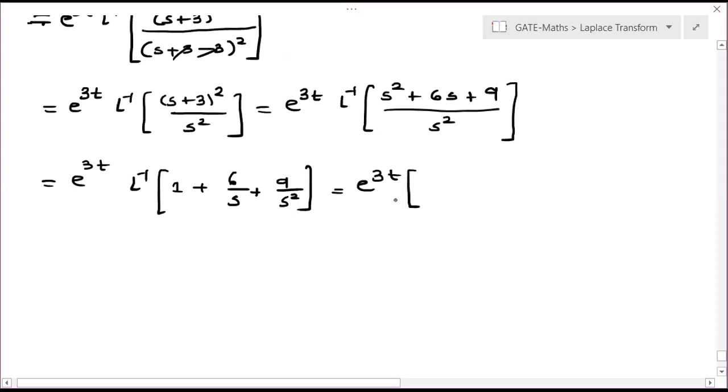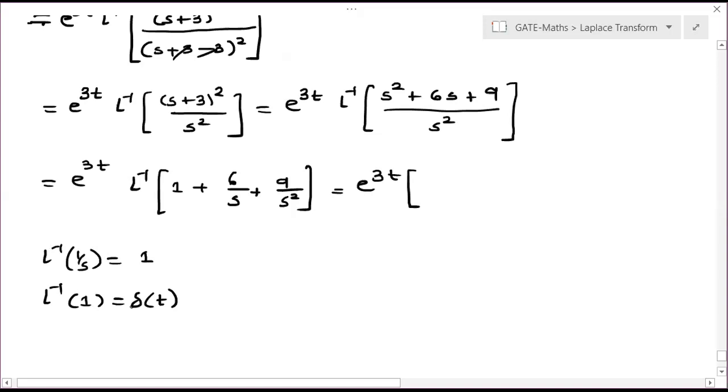Laplace inverse of 1, students? Laplace inverse of 1 I have not shown you, right? I have shown you that Laplace inverse of 1 by s is 1. But Laplace inverse of 1 is the Dirac delta function, delta t. That I will show you because it is one special case.